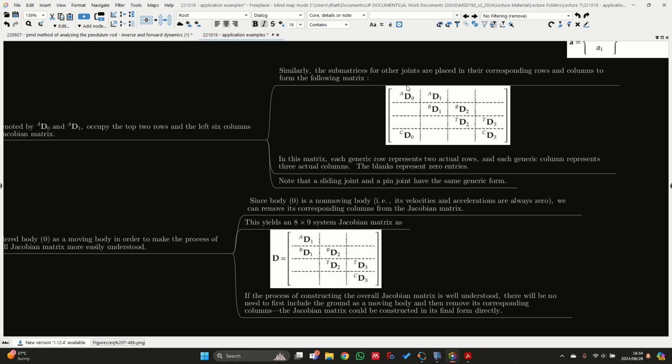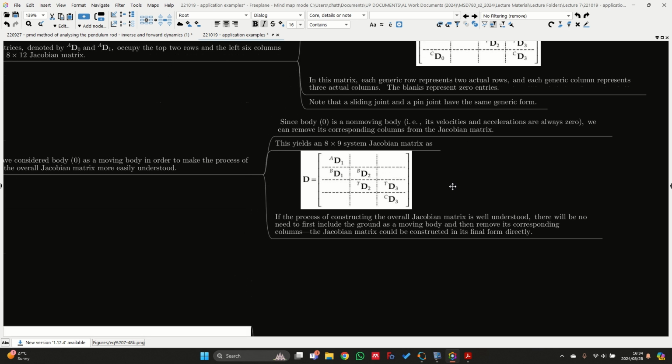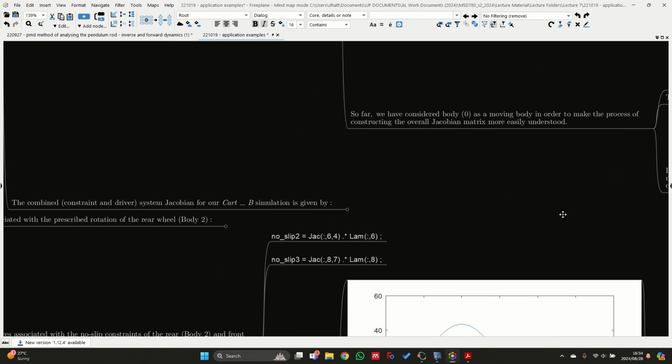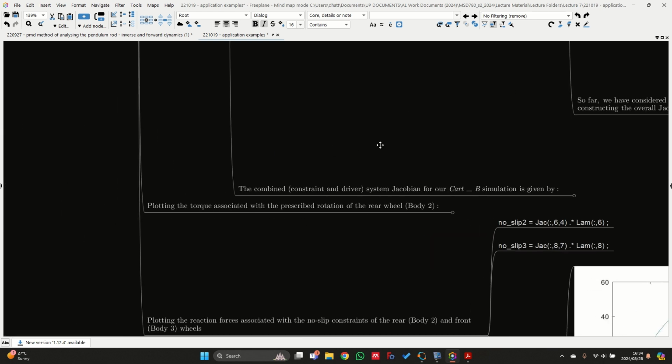So what we basically did was to remove this column that we have over here. Okay, so if the process of constructing the overall Jacobian matrix is well understood, there will be no need to first include the ground as a moving body and then remove its corresponding columns. The Jacobian matrix could be constructed in its final form directly, so that would also be fine.